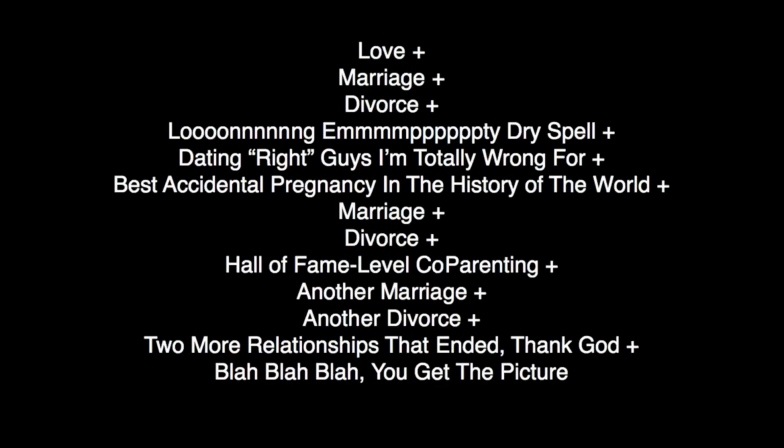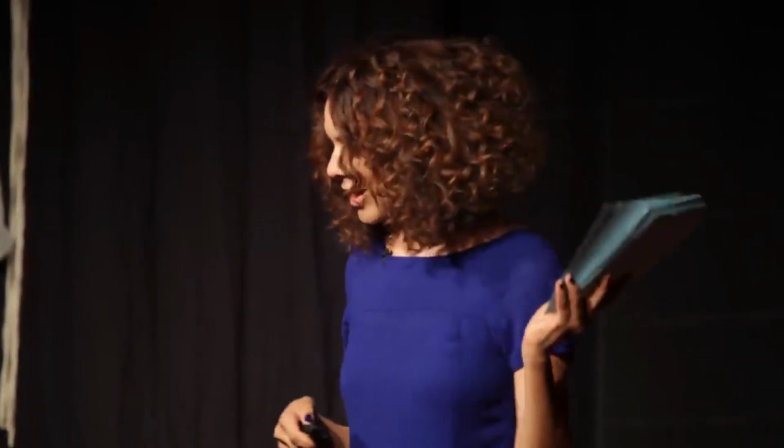Okay, got it. And then I grew up, and this is what my life turned out to be. Slightly more complicated, right? Love, marriage, divorce, dry spells. Love, marriage, co-parenting, another marriage, another divorce. You get the picture.